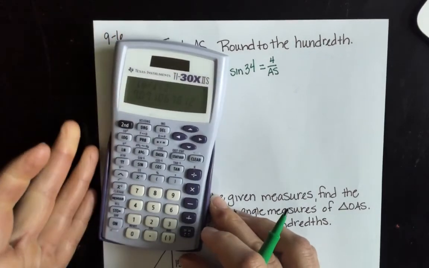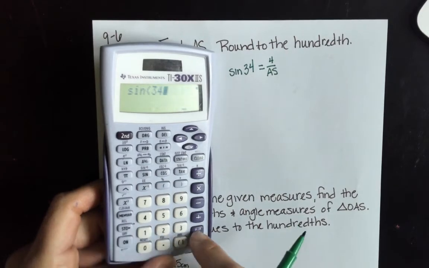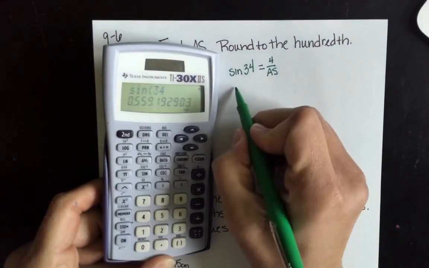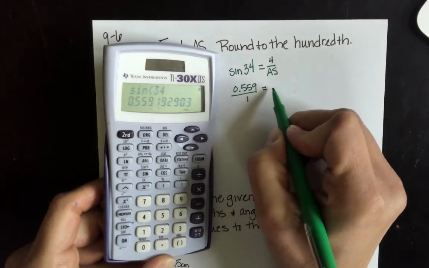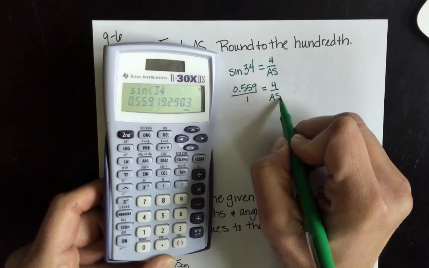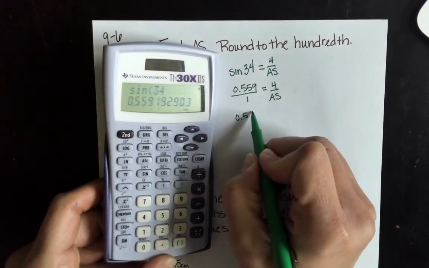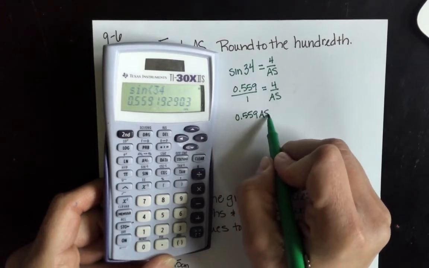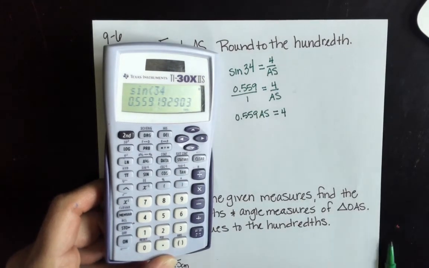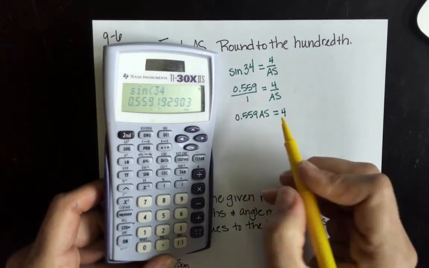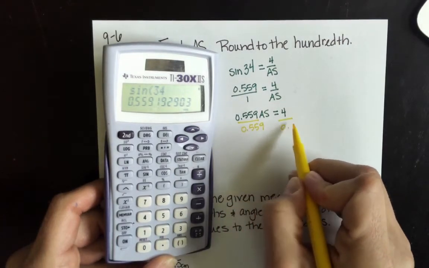So here's why I always like to do the ratio, because it does come in handy here where it's not just a quick multiply and I'm done. I'm concentrating on it's a proportion. We're going to cross multiply, and that means we still have one step left because now it's 1 times 4. So when we do solve, we are going to have to divide both sides by that crazy decimal.